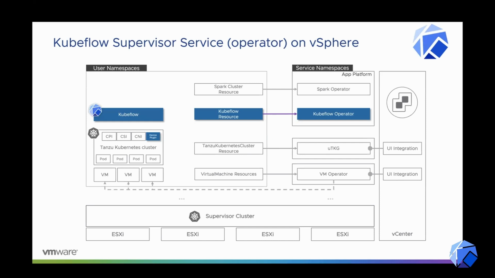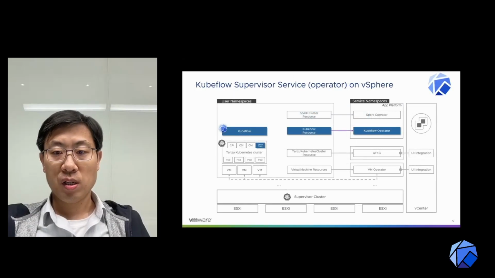So, for example, to create a MinIO bucket, you could use this CRD to create a bucket in a vSphere namespace. In our Kubeflow example, with this Kubeflow supervisor service, our developers and DevOps engineers could deploy the Kubernetes cluster and the Kubeflow instance with a CRD user experience.